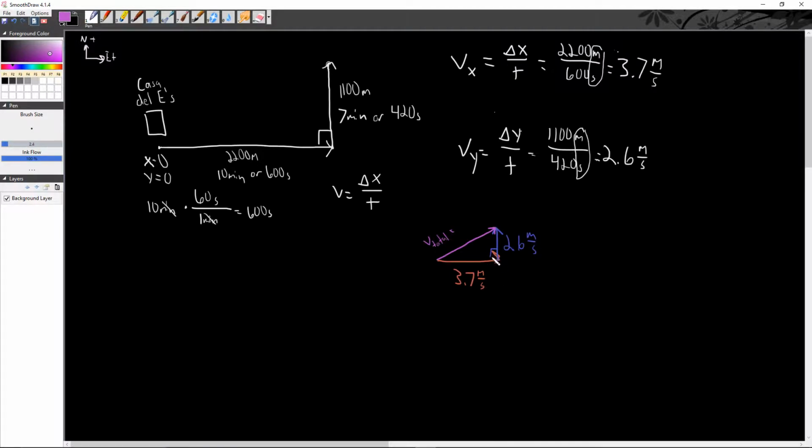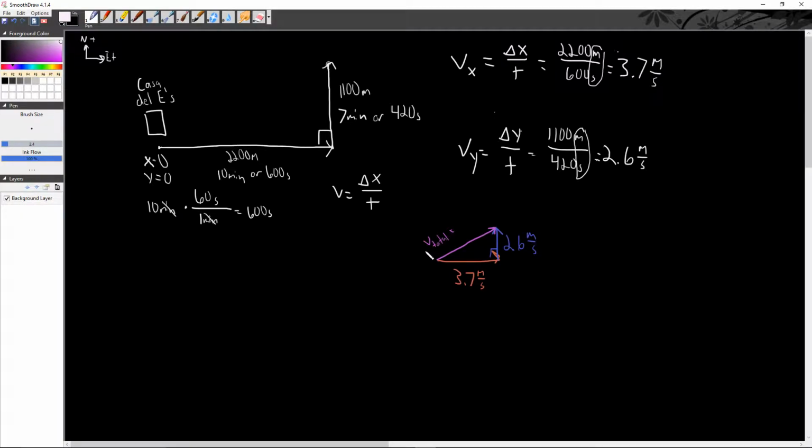Now, if this is a right angle, I have this side and this side. This should look very, very familiar. This goes back to some base geometry we've done. If I have a right triangle, if I have a right angle here, the side opposite that is my hypotenuse, okay?